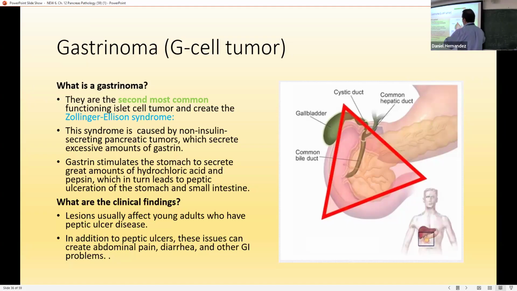I'm sorry, apologize. Gastrin stimulates the secretion of excess amounts of hydrochloric acid and pepsin. Clinical findings: lesions usually affect younger males who also have peptic ulcer disease.